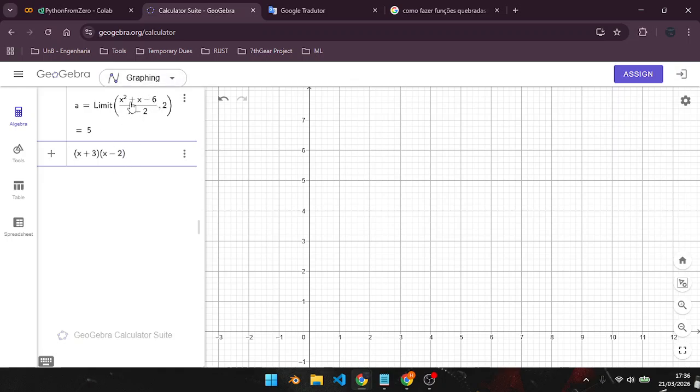And then you're going to have this over this, and what we can do is cut x minus 2 with x minus 2, that's going to give you 1. Then you end up with the limit of x plus 3 only. That is direct substitution. You put 2 here, and you have 2 plus 3, that's going to give you 5. That's factoring.